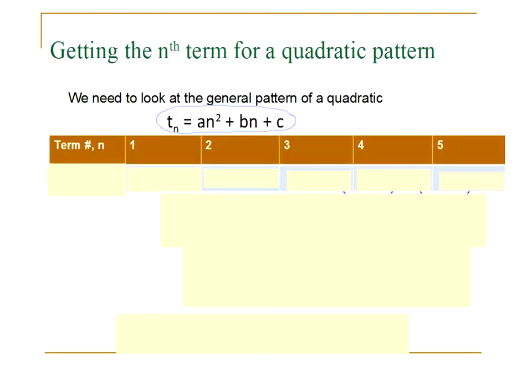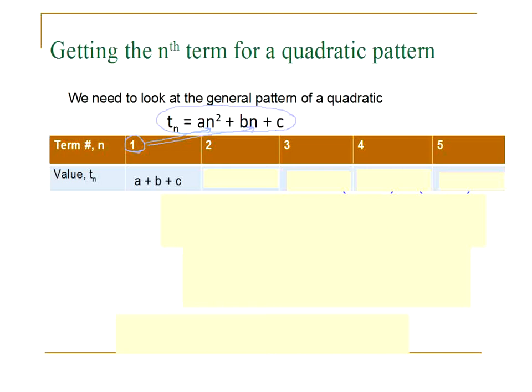So I'm going to find the first 5 terms. Well, to find the first term, anywhere I see an n, I'm going to plug in the 1. And so this would be A plus B plus C. I have no idea what that number is, because this is for every single quadratic.